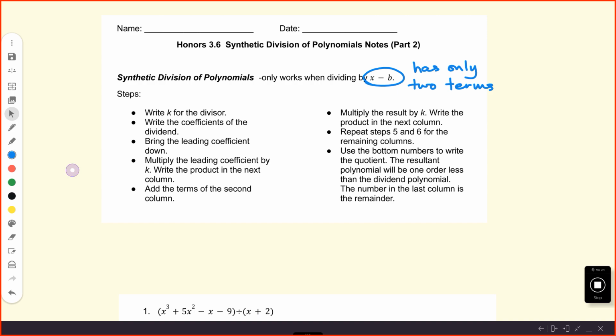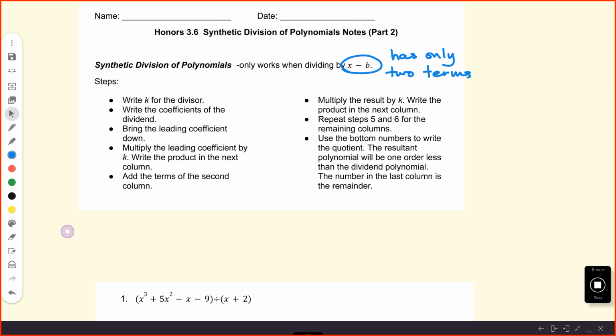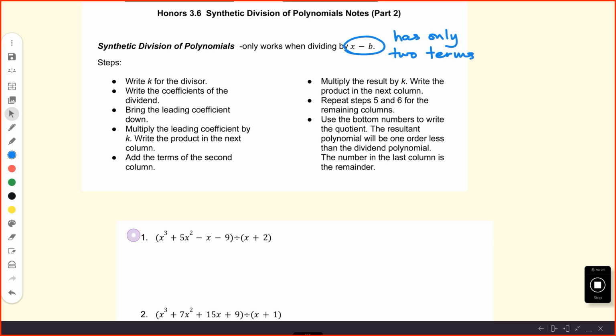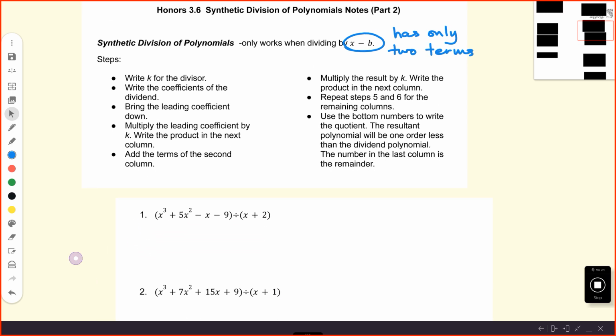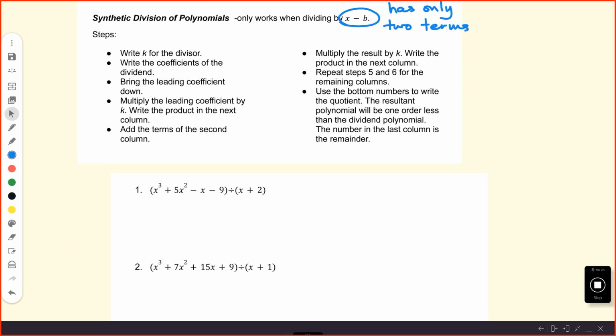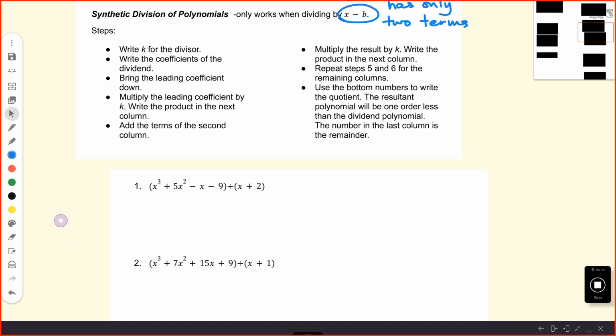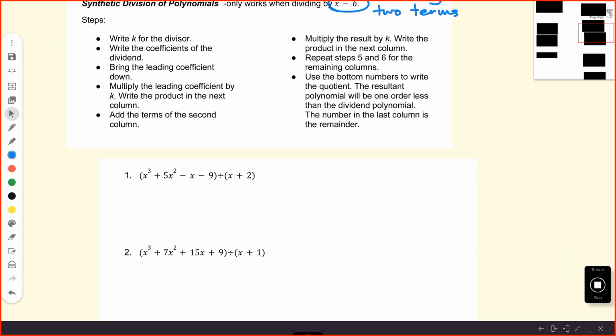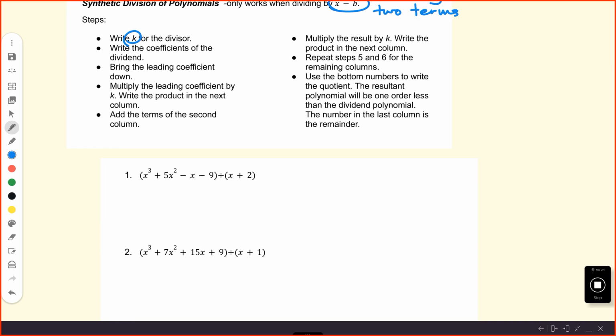Okay? All right, so here are the steps. We're going to use this example for number 1, x cubed plus 5x squared minus x minus 9 divided by x plus 2. The first step is to write the k for the divisor. Just like when you use the remainder theorem, we solve for x. That's your k.